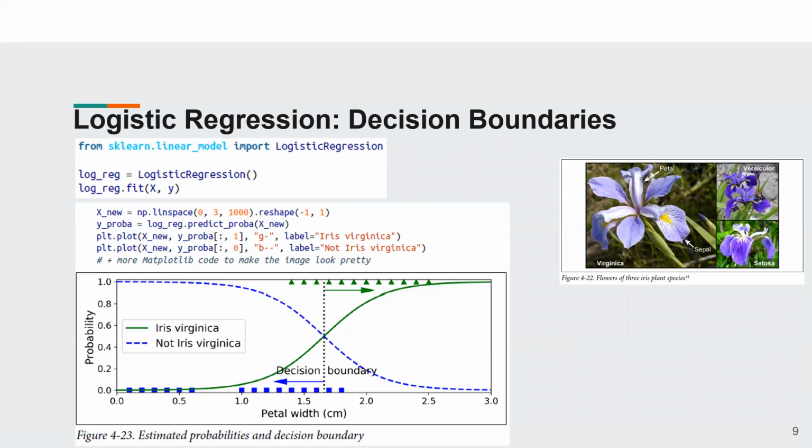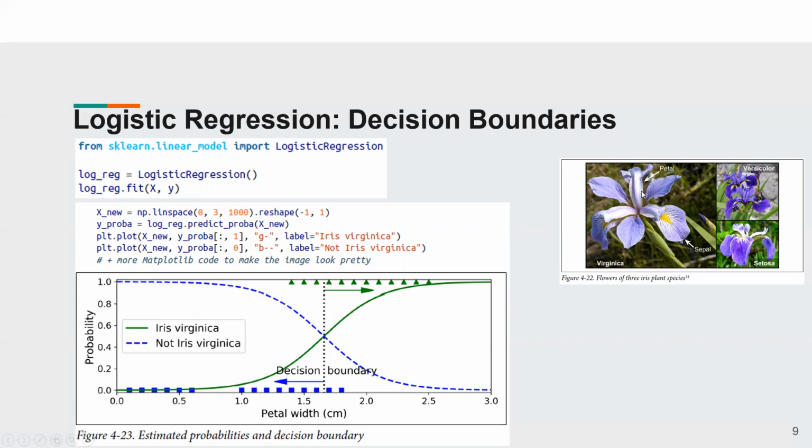Here we use this iris flower dataset to build a logistic regression model. Specifically, we want to differentiate between iris virginica versus not iris virginica. And we leverage this particular dimension, petal width.